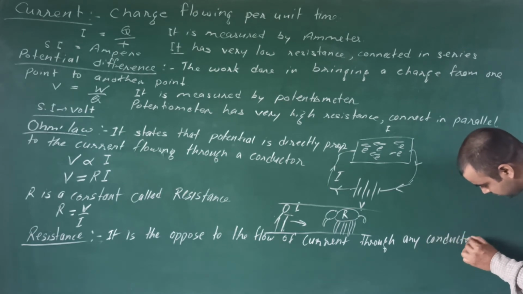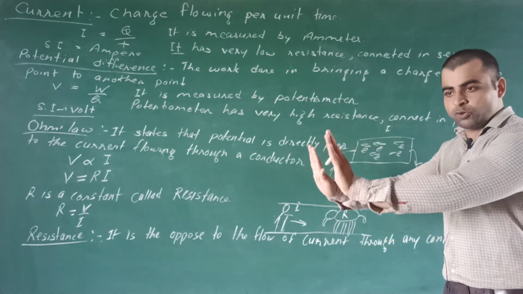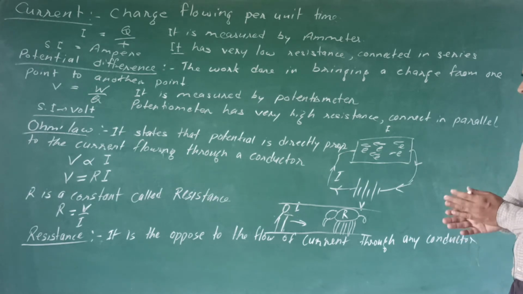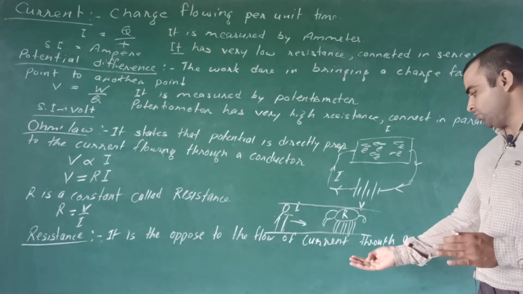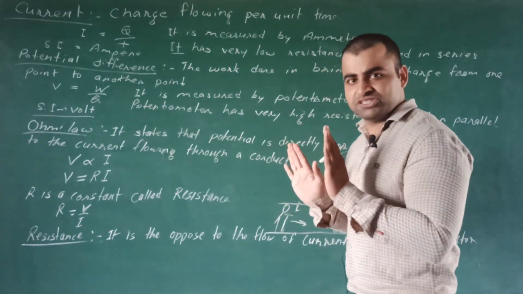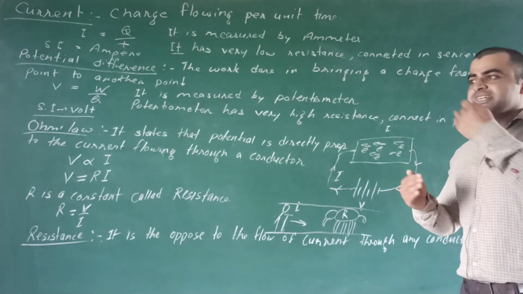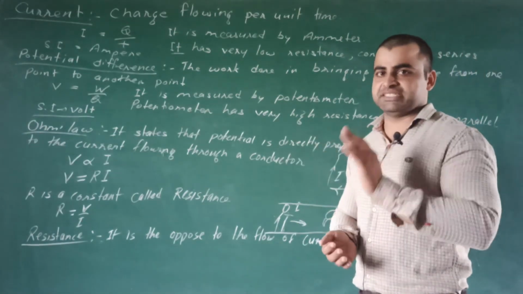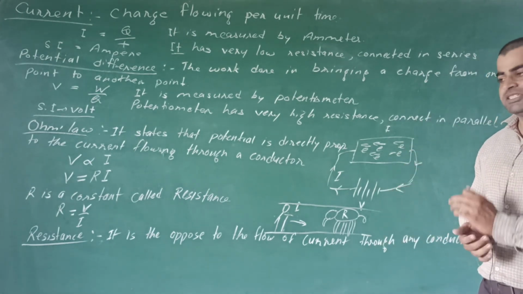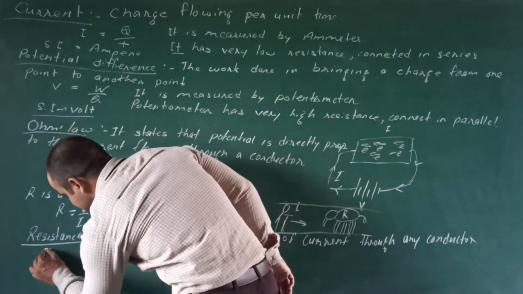It is the property which opposes the flow of current. If current is going, resistance will try to stop it. Resistance decreases the flow of current. Is it clear?